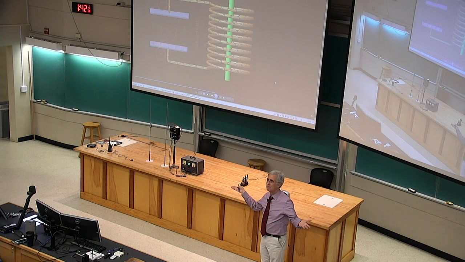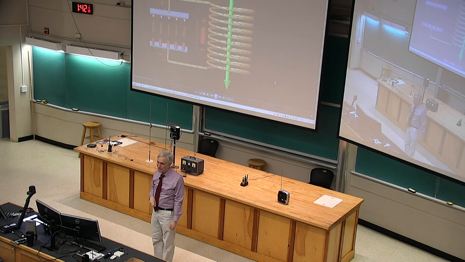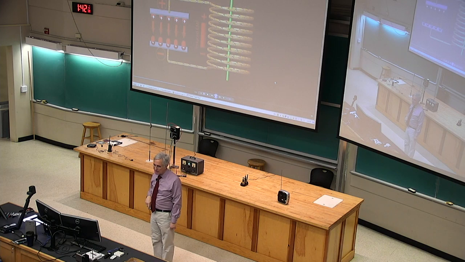Questions about this idea? I mean, the details, you stare at it a couple times and get some idea of this. The thing that matters most is there is definitely accelerating electric charge in this.